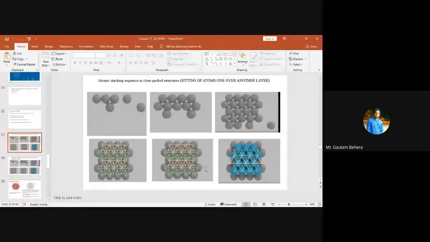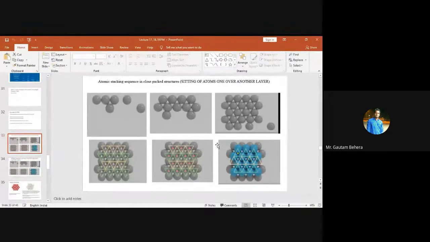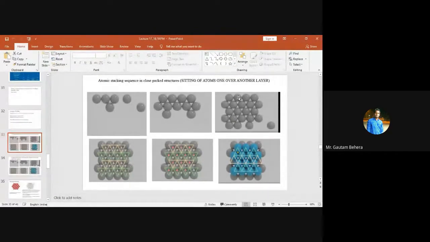As we know, crystals are basically in three dimensions, so I need to put another layer of atoms on this first layer. This image shows the voids, which are represented in the form of inverted triangles and upright triangles.